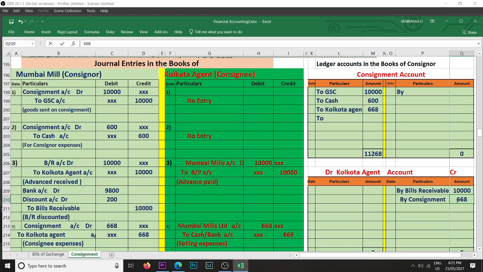Balance. So by bank. This also, already we prepared the journal entry. Just we have to append the consignee name.